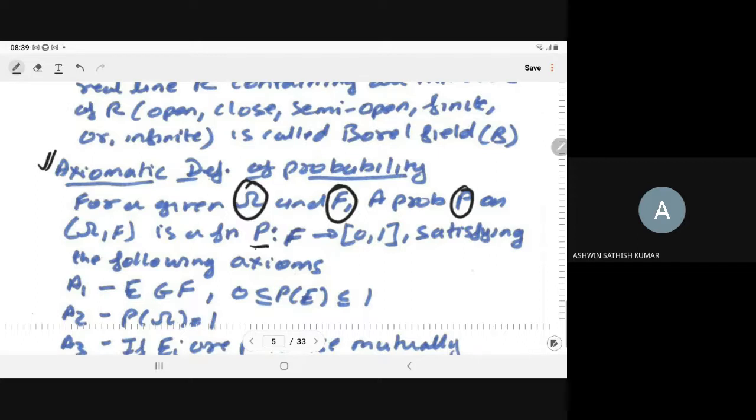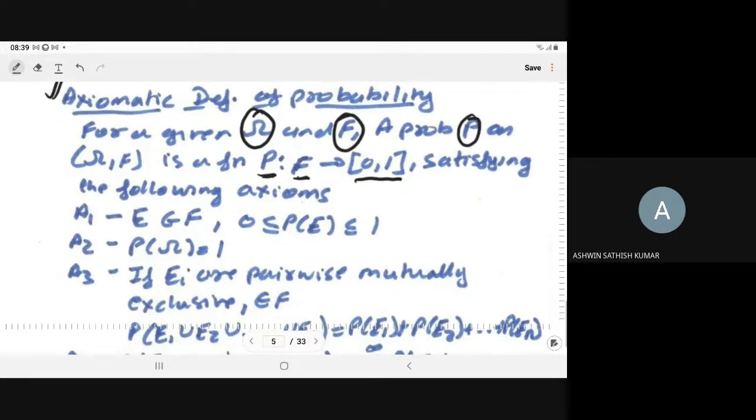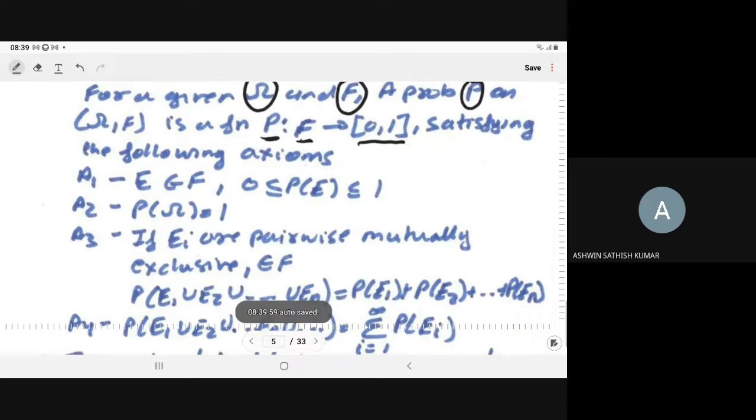Here we define P as a function from the sigma field to a real number between 0 and 1, satisfying the following axioms.